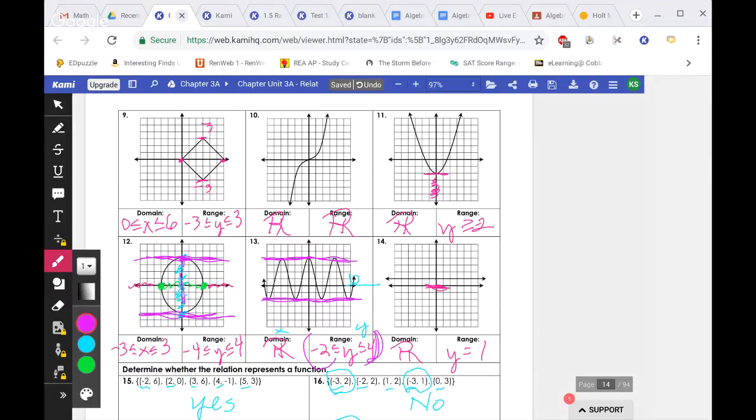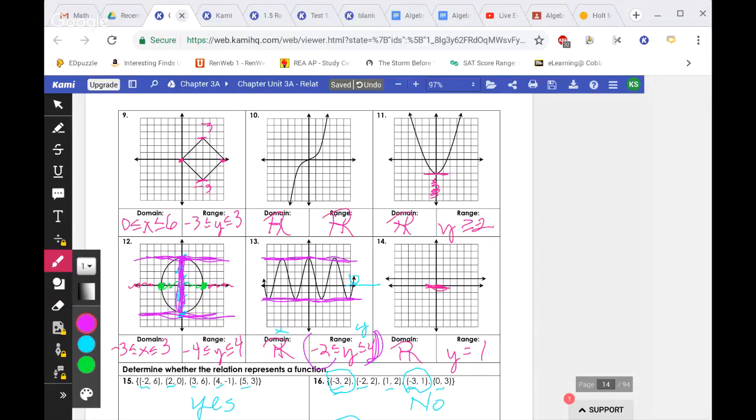And remember, that's just this axis right here. You're not even thinking about the horizontal. You're only thinking about the Y coordinate for the range. Okay, and the domain is just the X coordinate. Okay, I think I understand.